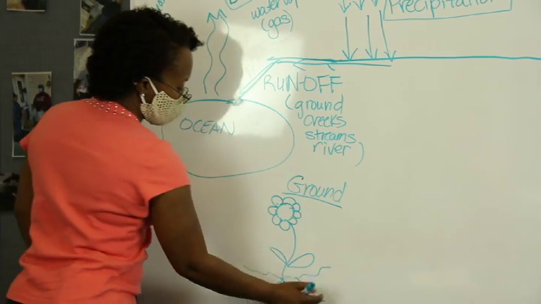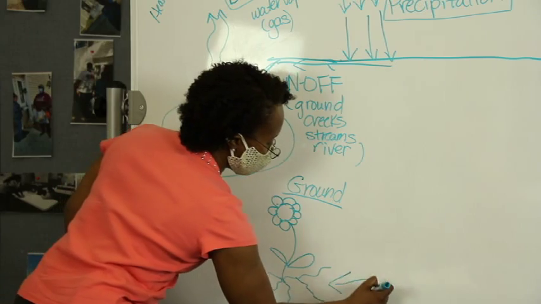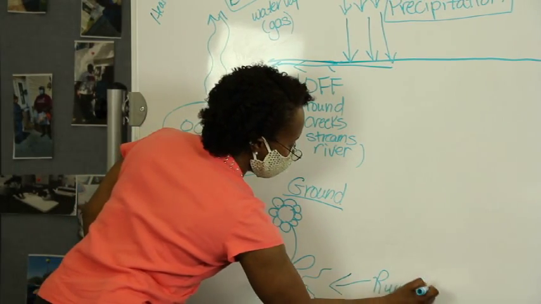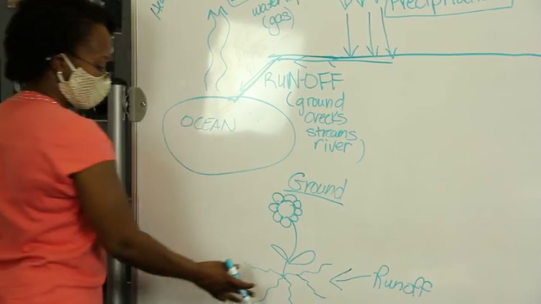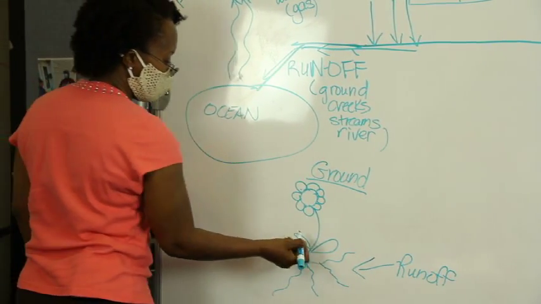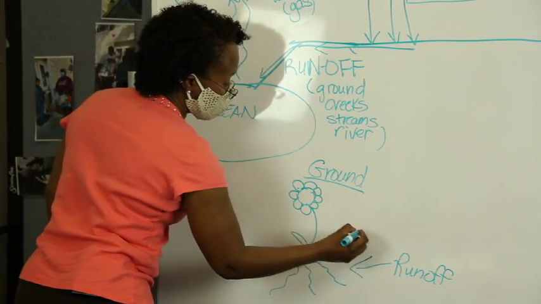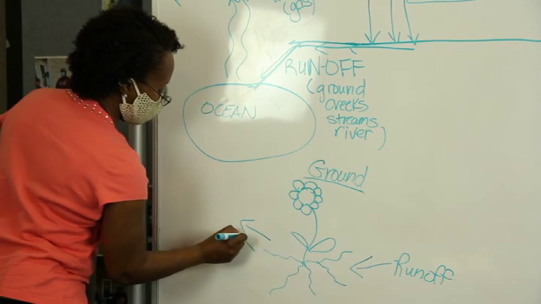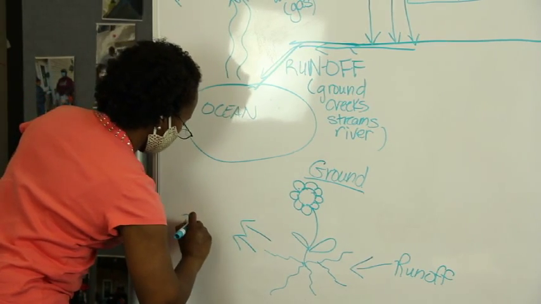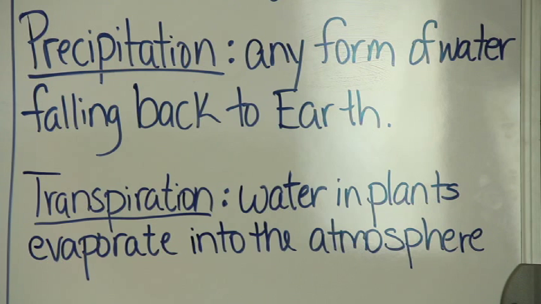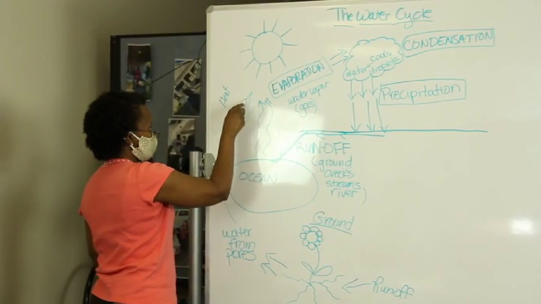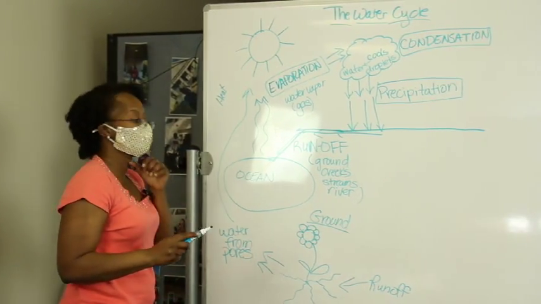That runoff can actually go to the roots so that the roots get enough water. And then the water from the pores of the plant can actually go back up this way. That's another way for it to go into the atmosphere.